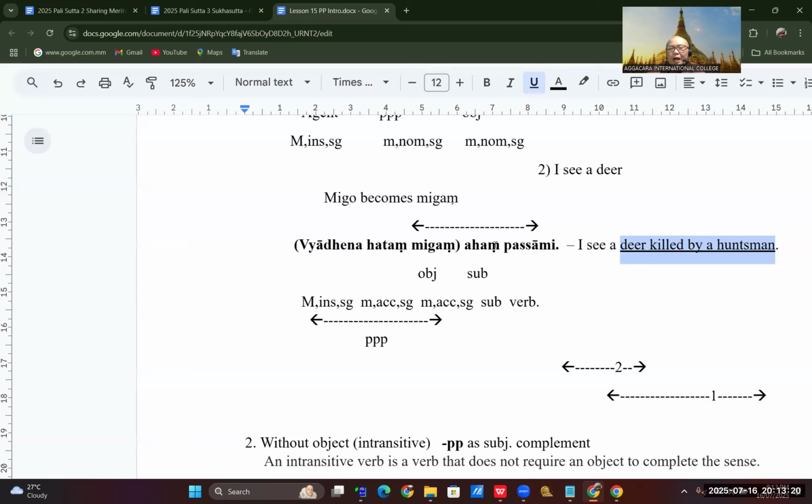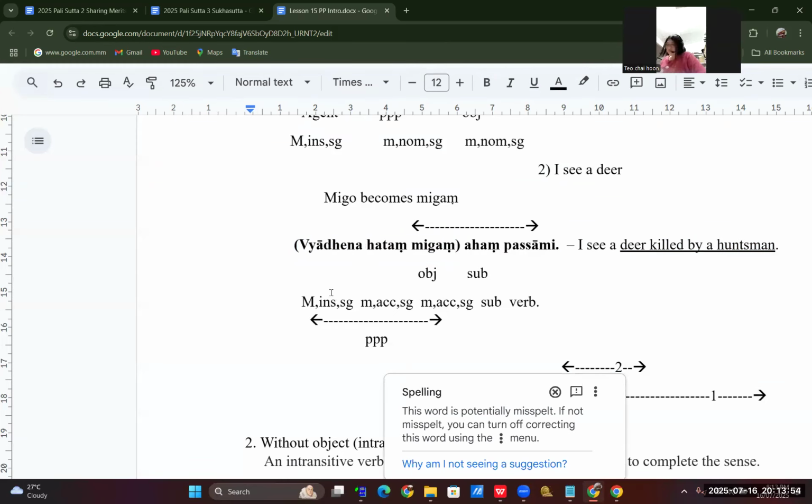Then migam aham pasami is another one. So hatam becomes PPP also? Yes, because it is a passive phrase by itself, the deer killed by the huntsman. Because it's a passive phrase, it's a PPP.